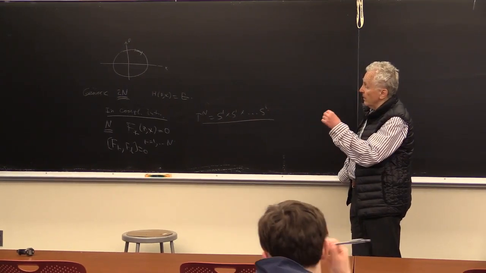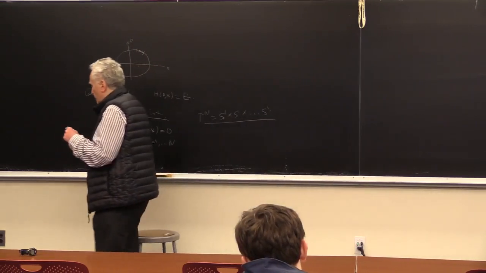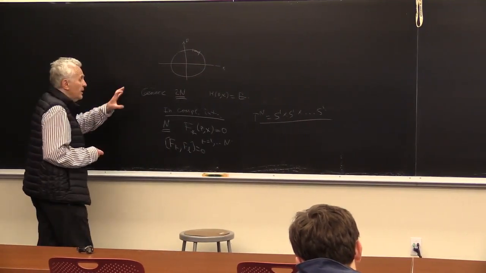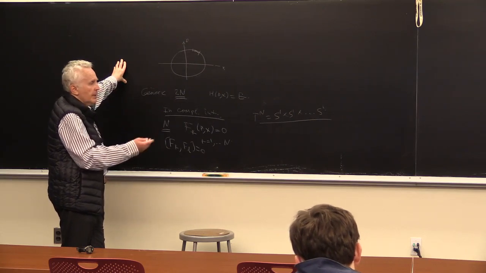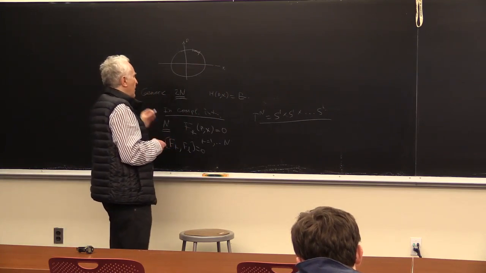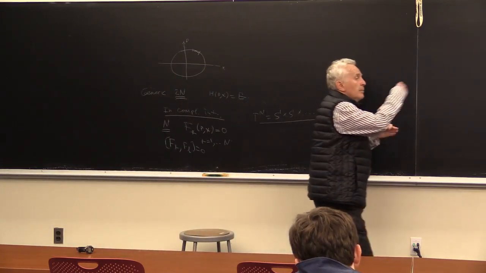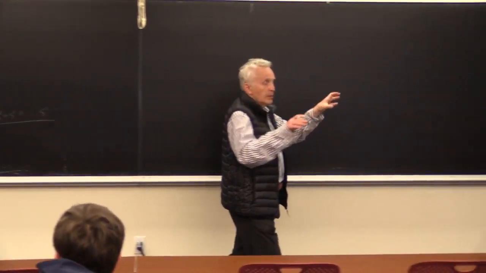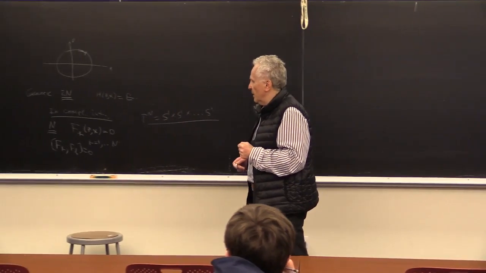And for generic initial conditions, if the ratio of frequencies is not a rational number, then the trajectory simply covers the surface of the torus with constant density.